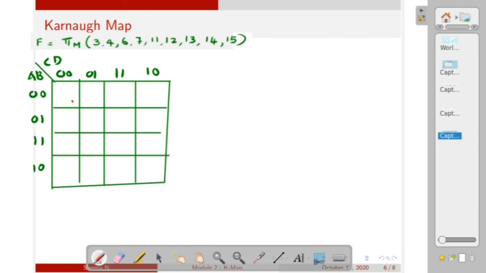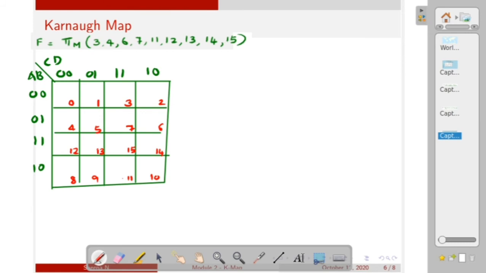Okay, so we can write the decimal equivalent 0, 1, 2, 3, 4, 5, 6, 7, 8, 9, 10, 11, 12, 13, 14, 15, right? Then mark these max terms.